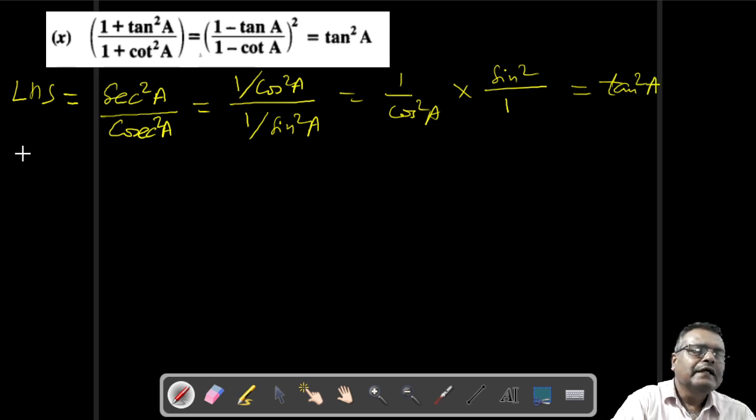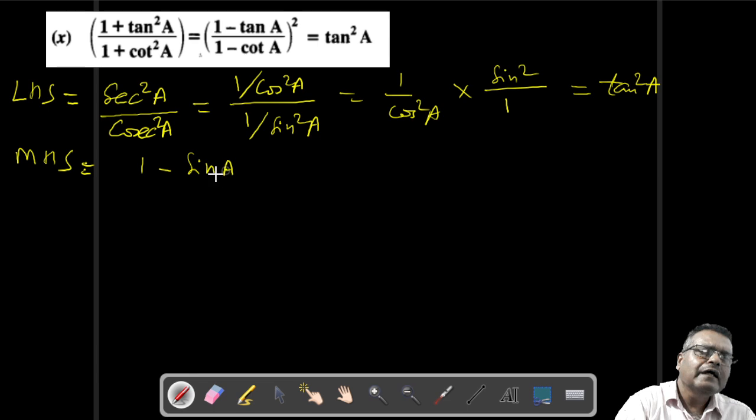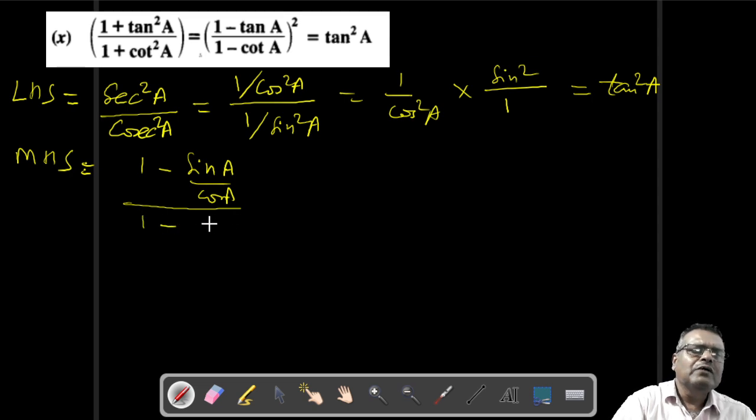You see the MHS, middle hand side. 1 minus tan A, you can write 1 minus sin A by cos A, divided by 1 minus cot A, you can write cos A by sin A. Its whole square.